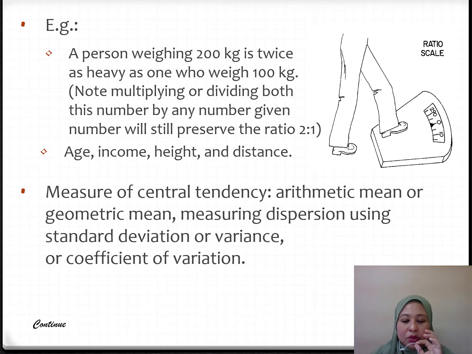You need to ask them to step on the weight machine and read the number, or the kilos, stated on the weight machine. Age, income, height, distance, you can use this kind of scale. It will depend on your study.